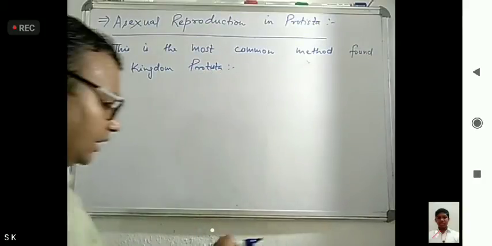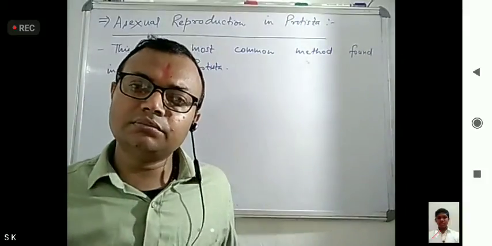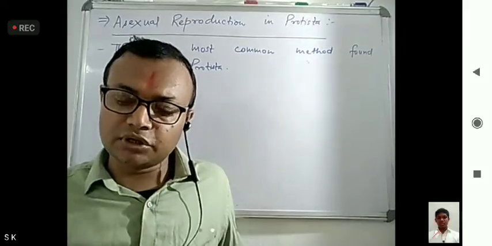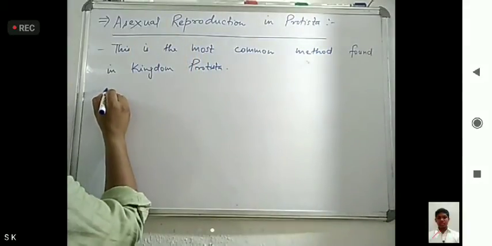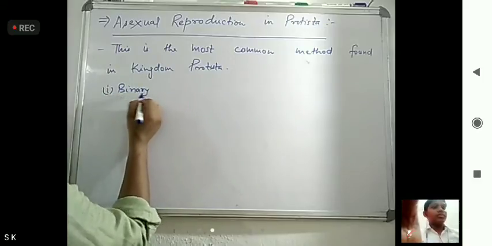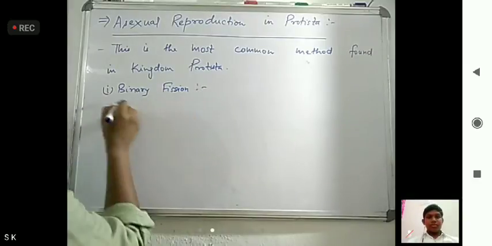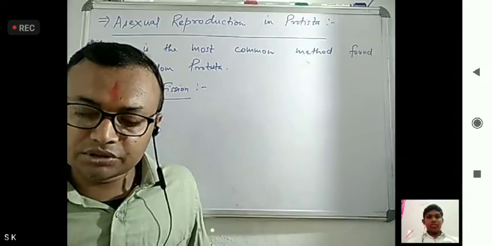Now, here we also have some types of asexual reproduction. Under that, the first one is binary fission, like bacteria are doing. So here also binary fission happens. Now, as the term suggests, binary means two.